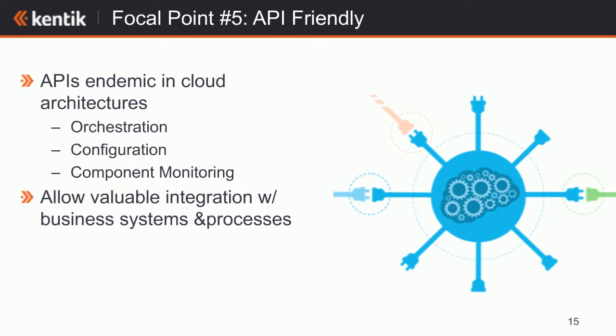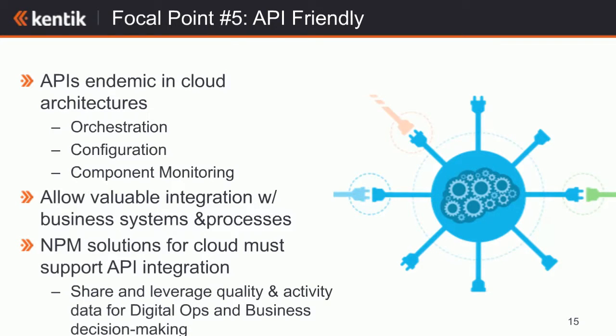get to the NPM data. And so the NPM data has not been well covered by the existing APIs out there. So this is really important, valuable information, not only the instance data, but also the performance data. You need to get access to this data, and your NPM system has to be able to support API integration so that you can feed the right data back to your digital operations and business decision-making processes.